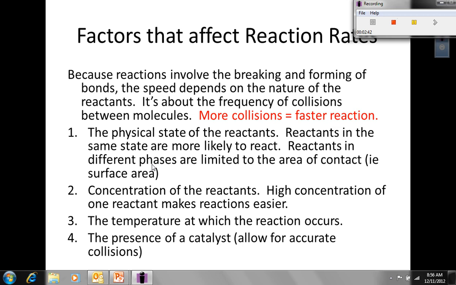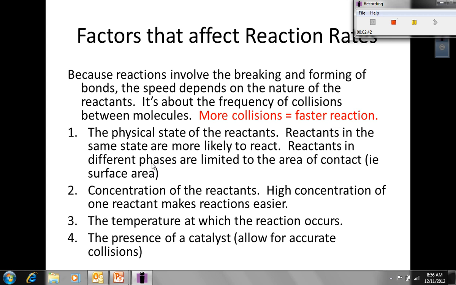Okay? It's all about the frequency of the collisions between the molecules, how fast those molecules are moving, and they make collisions. And those collisions are what break and form bonds, is those collisions between the reactants. Because the two reactants have to get together in order to break the bonds in the reactants and then reform the bonds in the product.